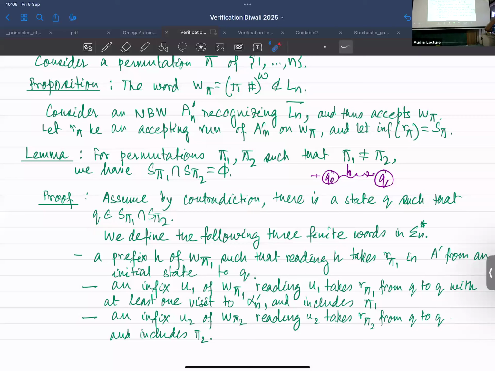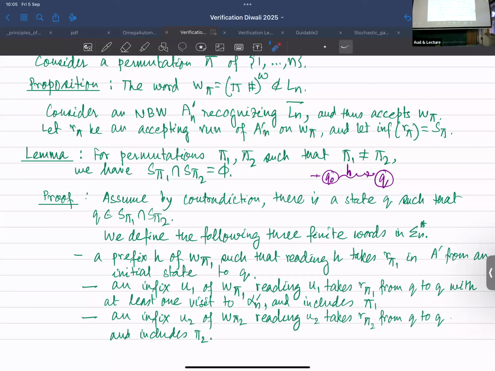It's a common state between them. Then we can define some finite words in the following way. Starting from an initial state Q0, I can have a run on a finite word h which goes to Q. This should exist because Q is a common state between S pi 1 and S pi 2.